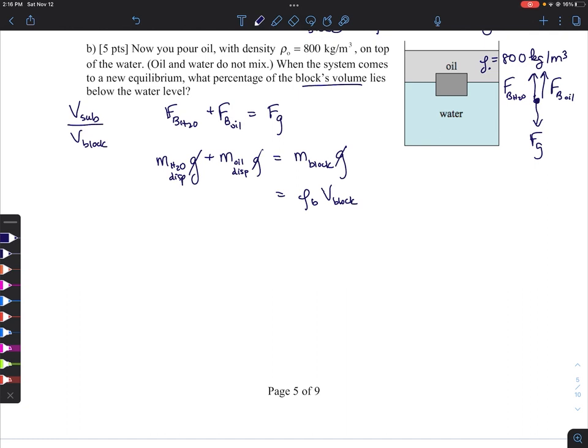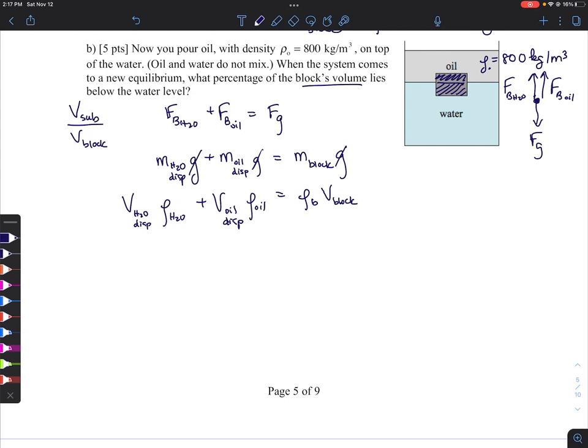The mass of the water displaced is going to be equal to the volume inside the water, so this is the volume of the water displaced times the density of water. And then the oil, it's going to be the volume of oil that's been displaced times the density of oil.